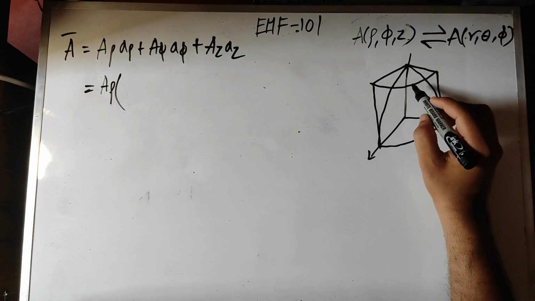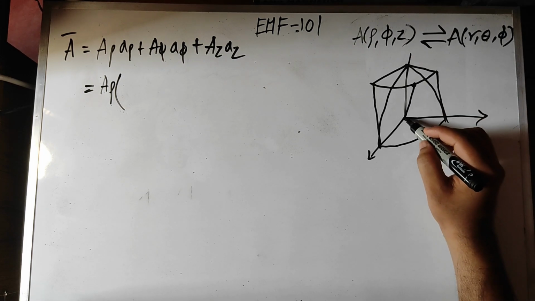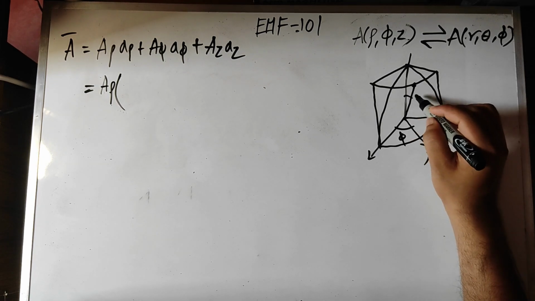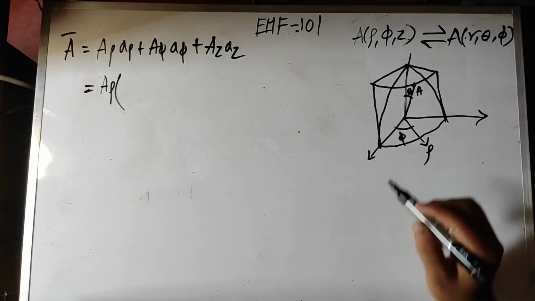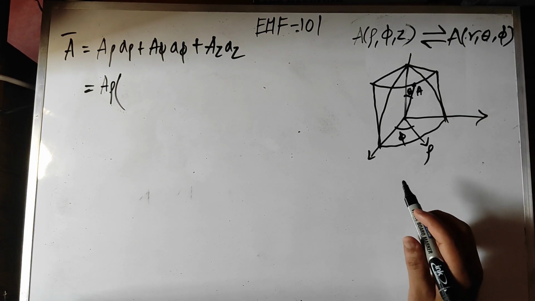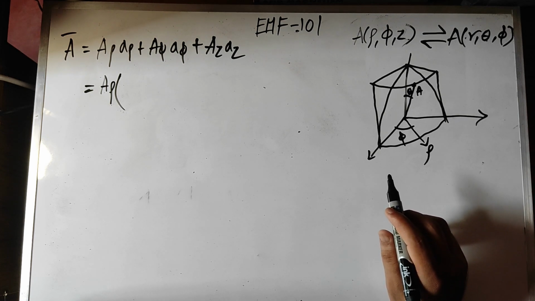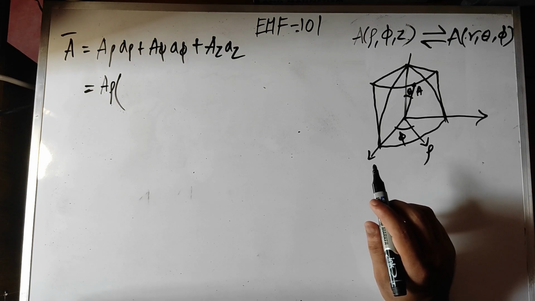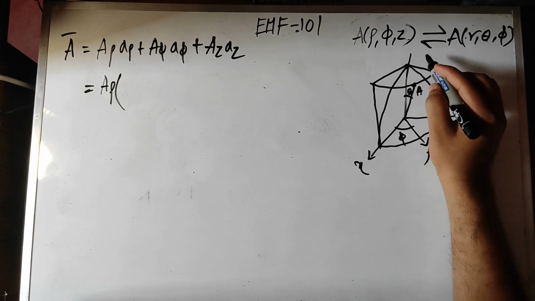Now say this is the vector, with rho, phi and theta, and this is A, which is also r. So from this we can get aρ in terms of ar, aθ and aφ, which here has x, y and z.